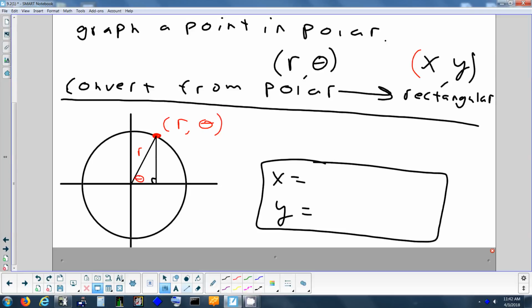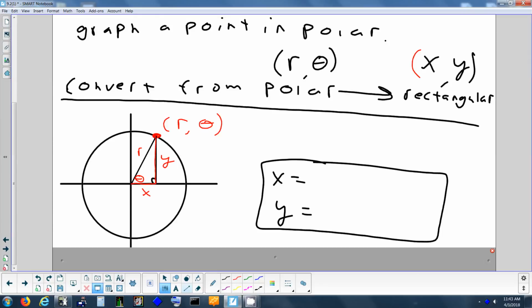Theta is that angle right there. It's the angle from the x-axis up to your point. Our goal is to find out how long is the bottom side of the triangle and how tall is it. If you can find those two things, that's the x and the y. How far to the right, and then how far up.